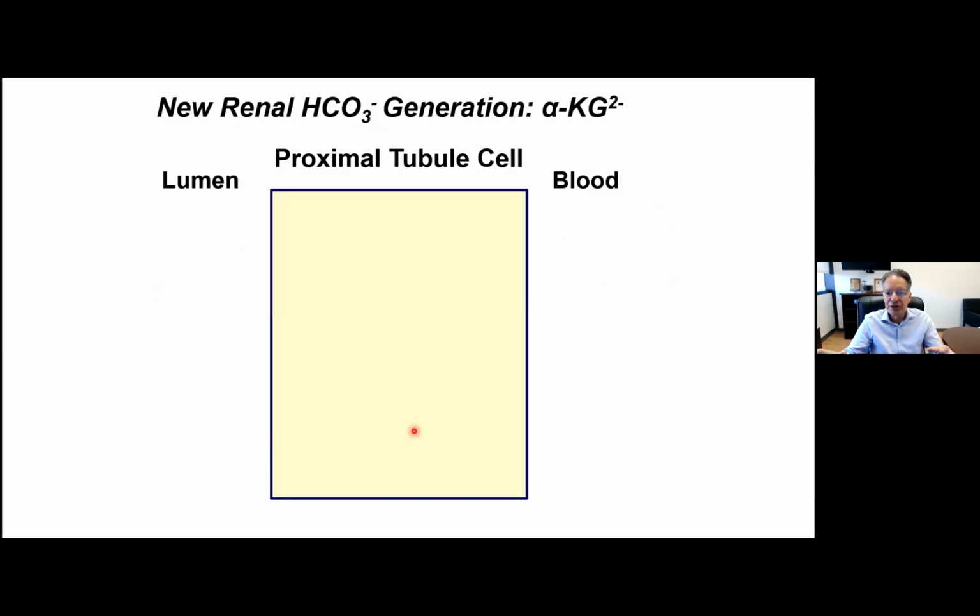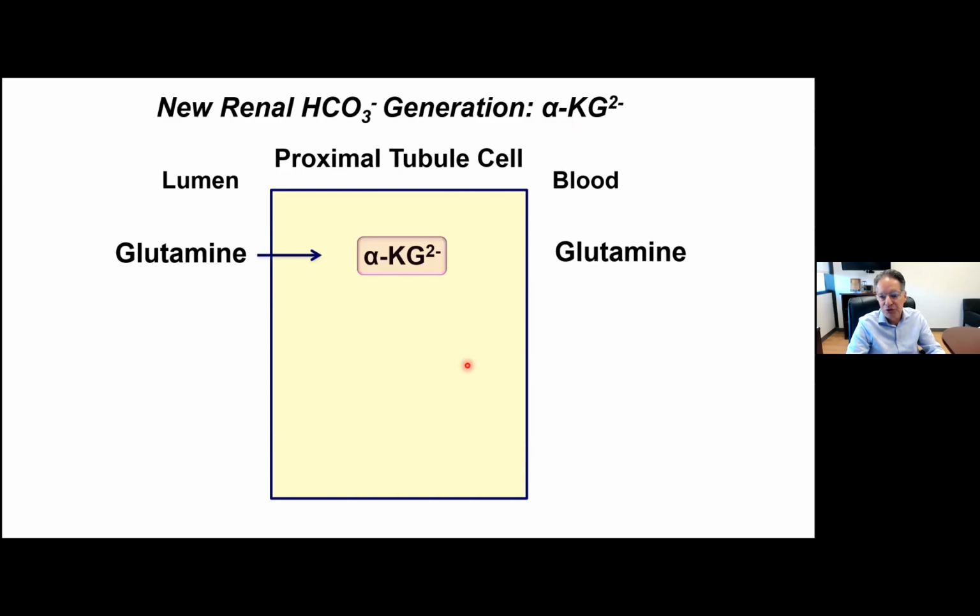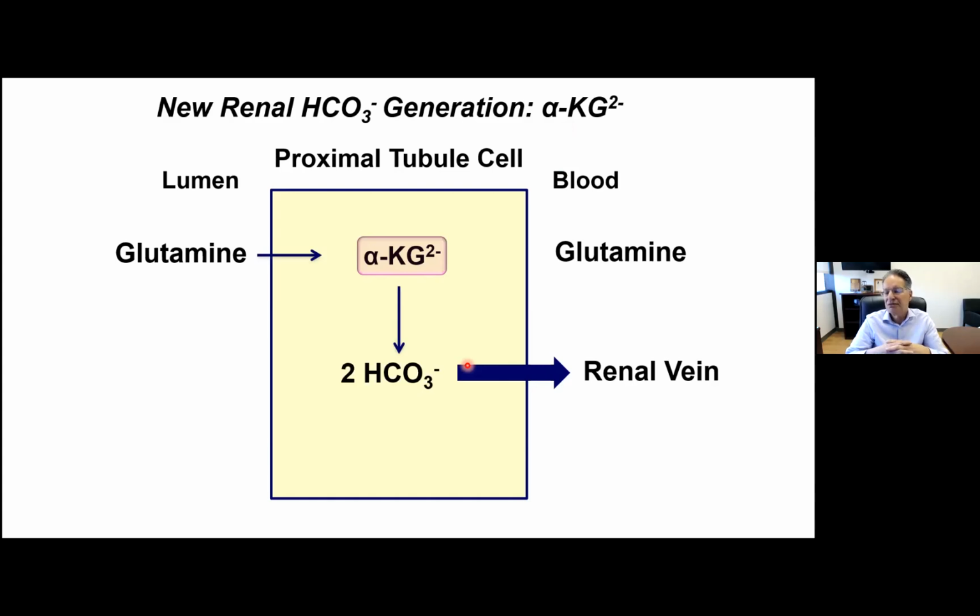So how do we generate the bicarbonate? Well, it turns out most of the bicarbonate is generated from this substance called alpha-ketoglutarate, which is depicted in short form here. And it comes from the amino acid glutamine. Now, glutamine gets into the proximal tubule across the apical membrane, and also some of it gets absorbed into the proximal tubule via the basolateral membrane.